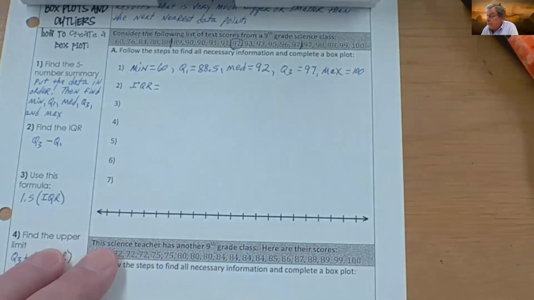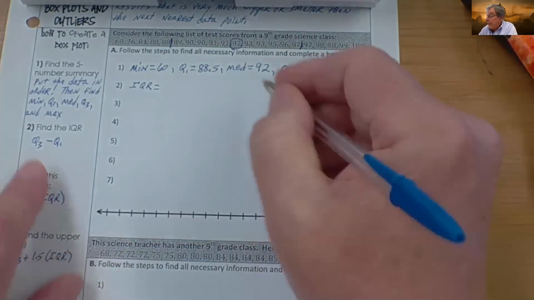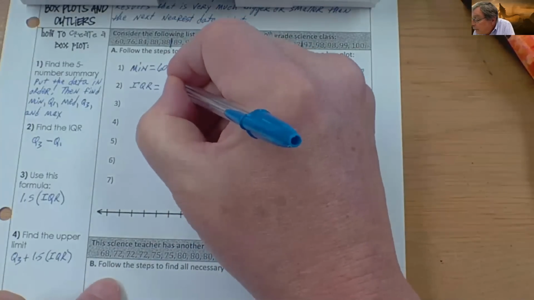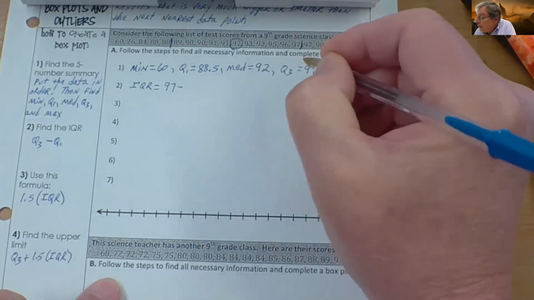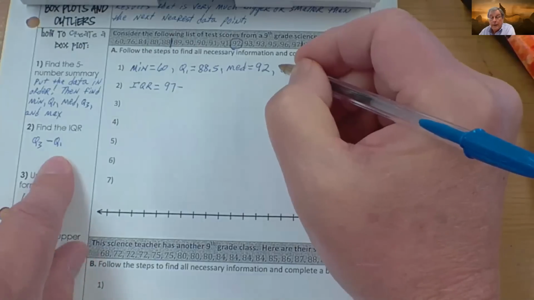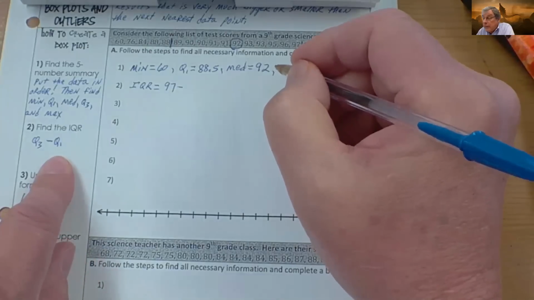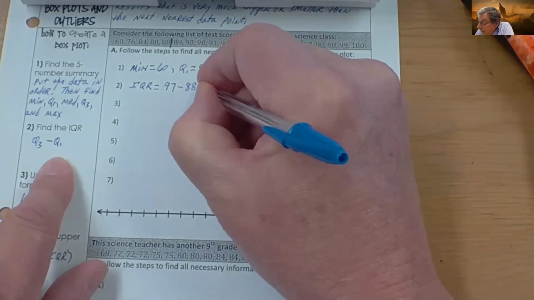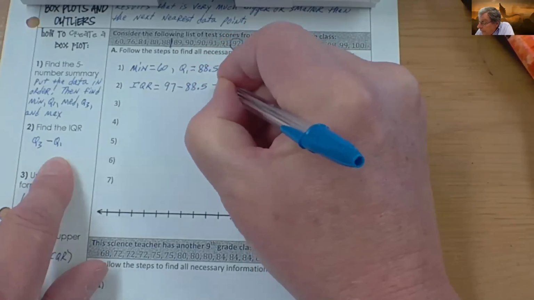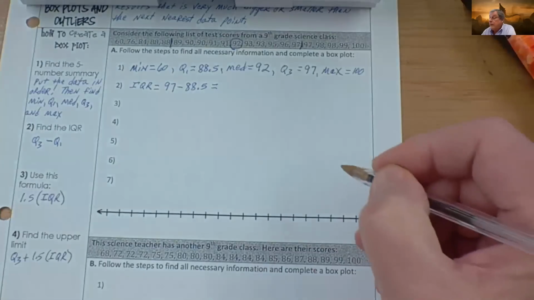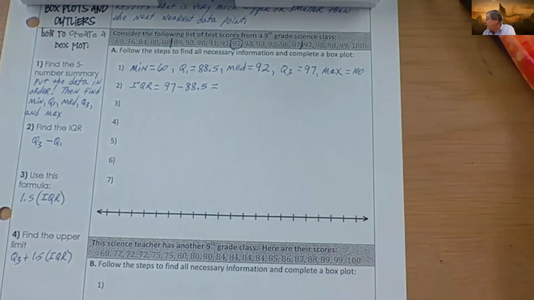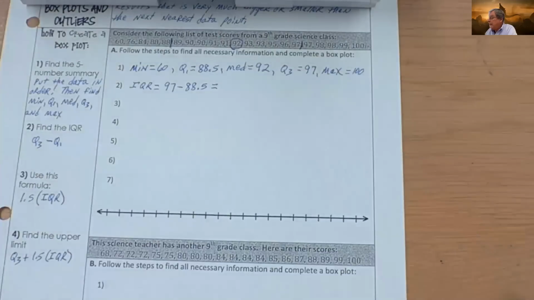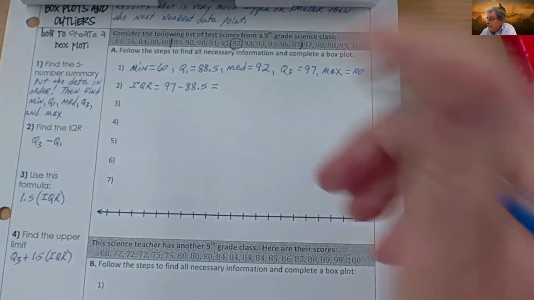IQR equals Q3, 97, minus Q1, 88 and a half. Now, if you are wanting to use a calculator, go ahead.